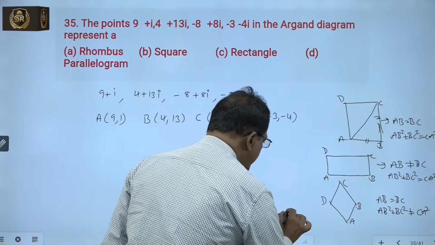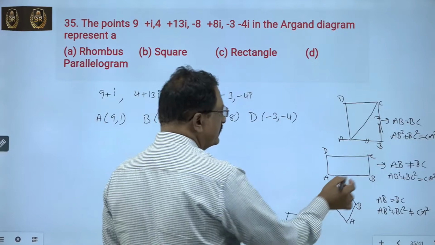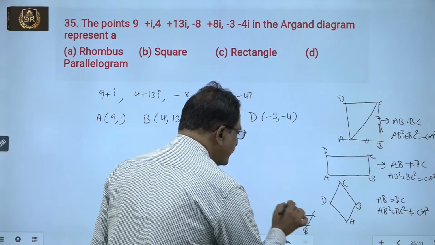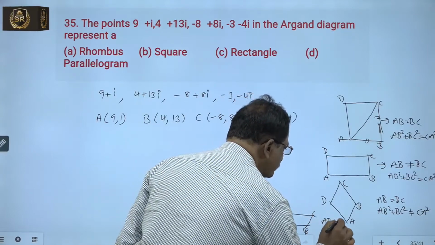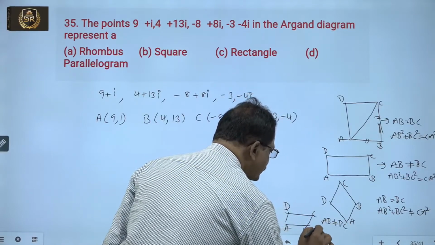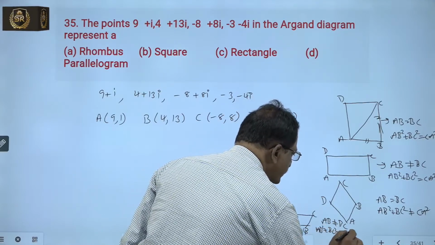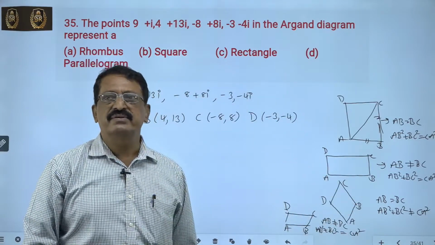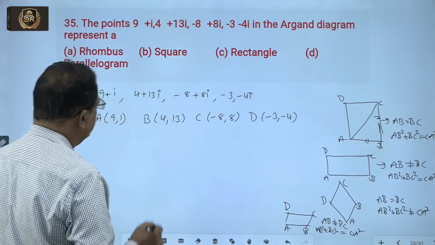If suppose it is a parallelogram, in that case AB not equals BC and AB square plus BC square is not equals CA square. Right angled property is also not satisfied. Now first to find out AB, BC and CA.